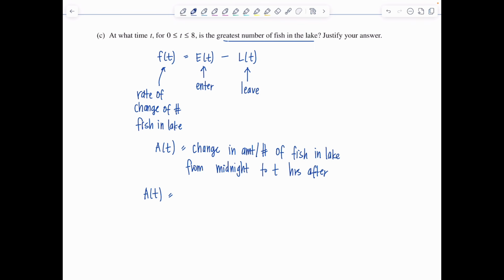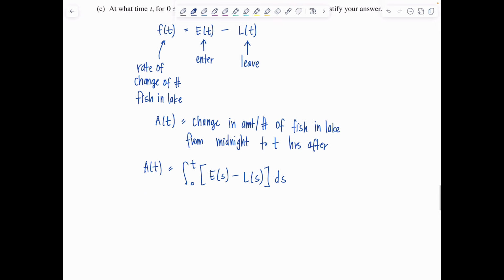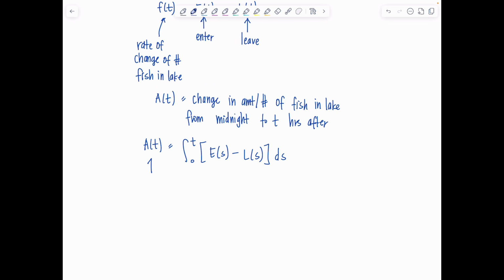I would need to integrate this function, right? But I can't have them be functions of t since my integral is going to go from 0 to some arbitrary t. So I just need to introduce a dummy variable. You could do whatever you want. I'll use E of s minus L of s, and then this needs to be ds. Yes?